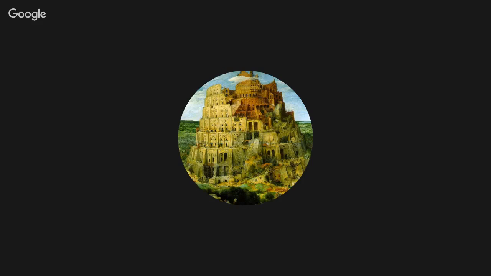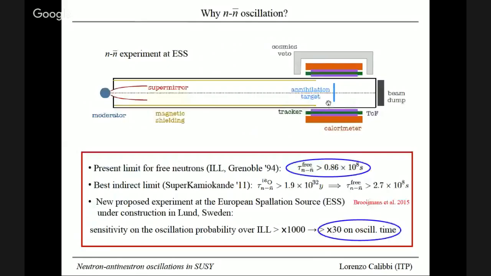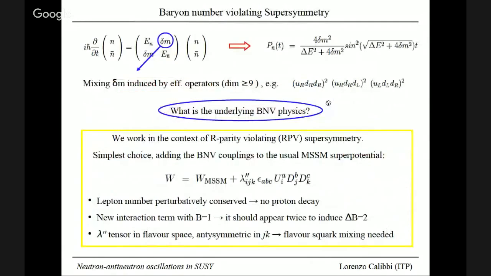A very simple equation. This kind of Hamiltonian matrix is very familiar, for instance, to those who work in neutrino physics. Here we have the energy of the neutron, the energy of the anti-neutron, and some mixing terms.